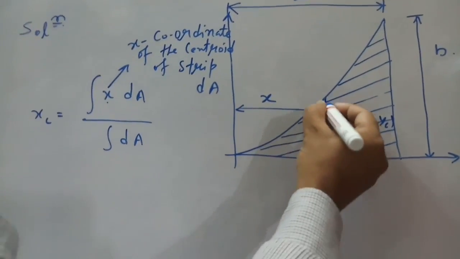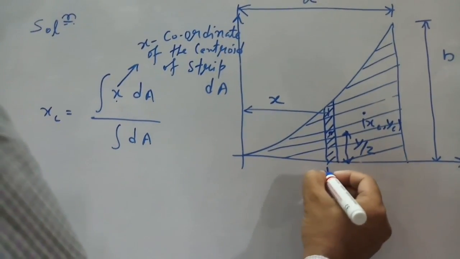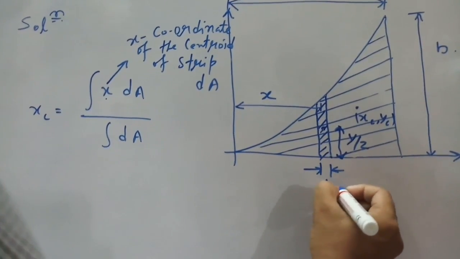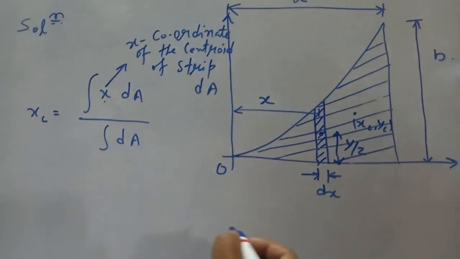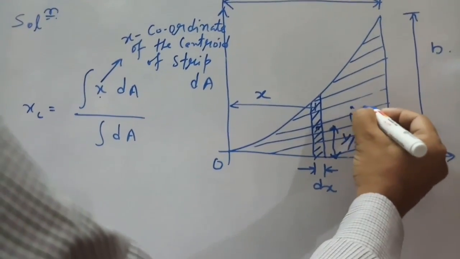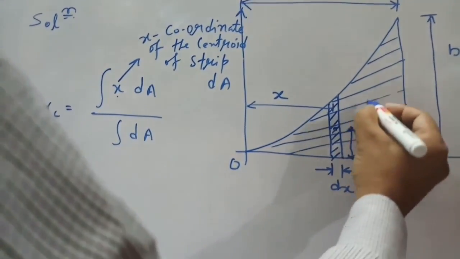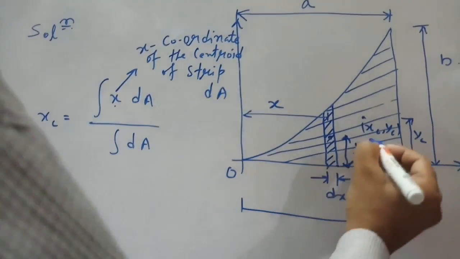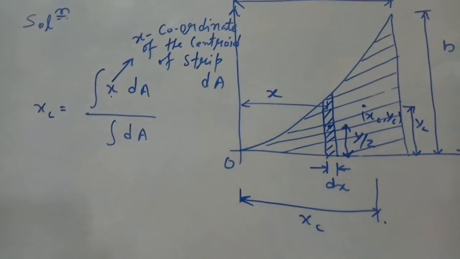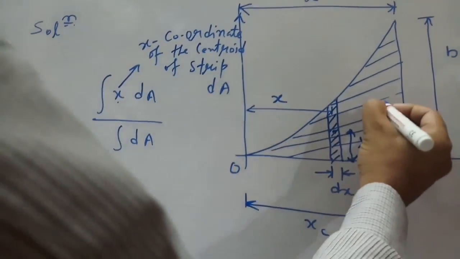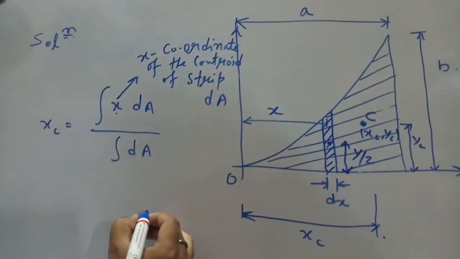Now what will be the area of this strip? This is the area dA, and this distance is dx. This is your yc, and this is your xc, and this is the centroid C of the original figure. Now what will be the value of dA?